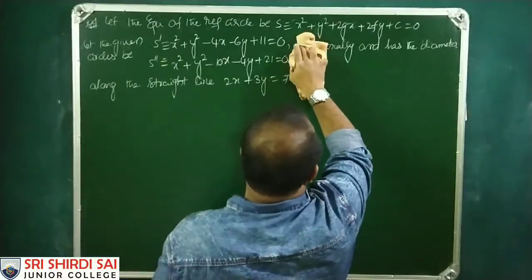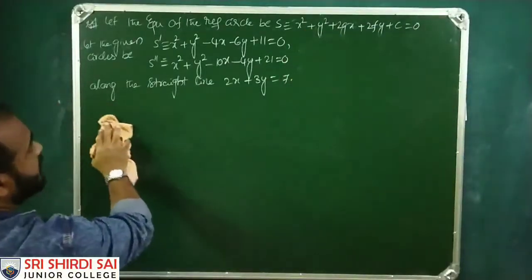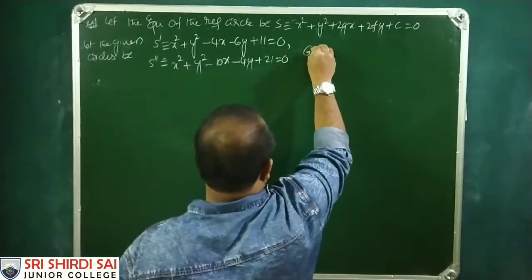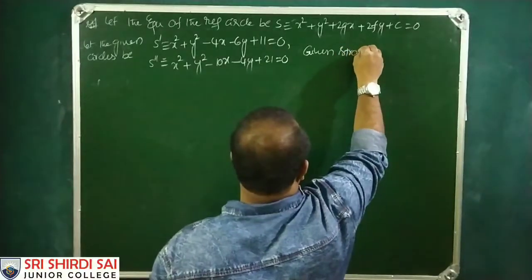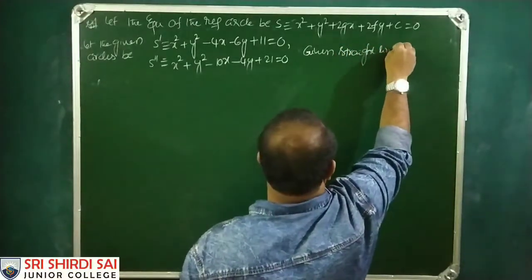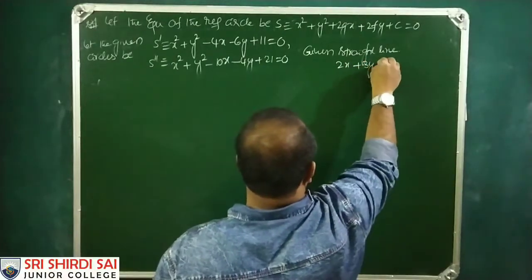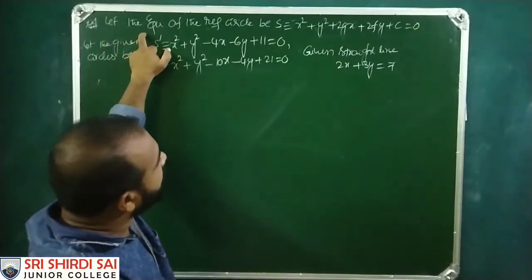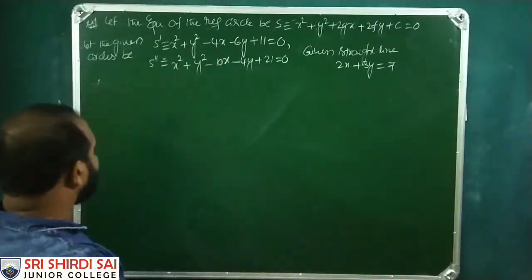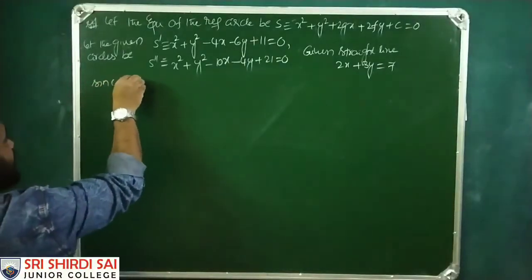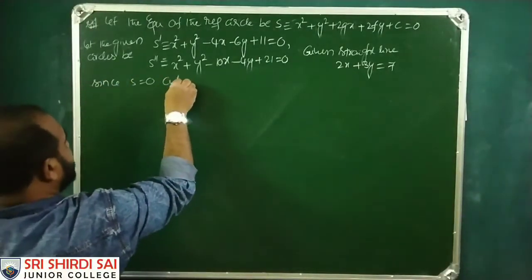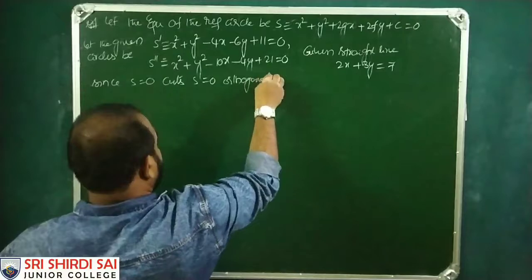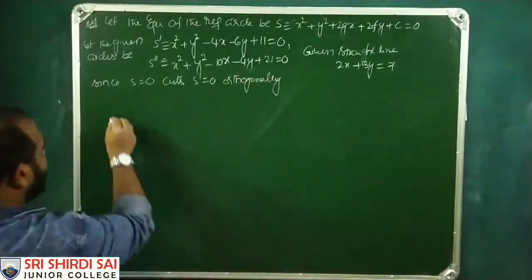The given straight line is 2x plus 3y equals to 7. So, since the required circle cuts these two circles orthogonally, since s equals to 0 cuts s dash equals to 0 orthogonally, let us use the condition of the orthogonality.